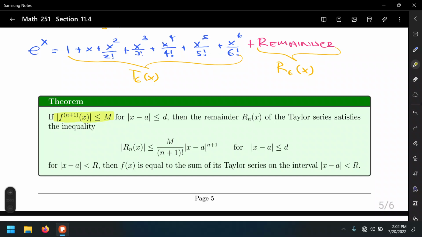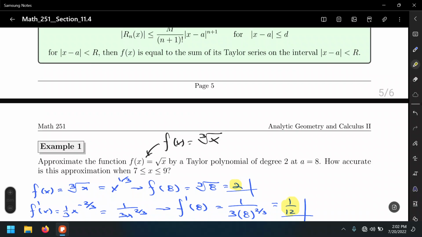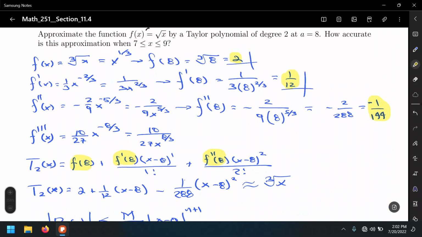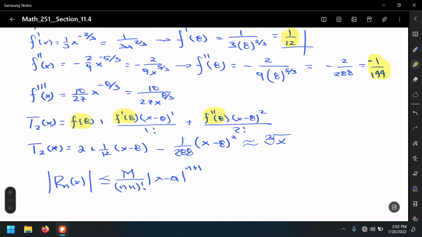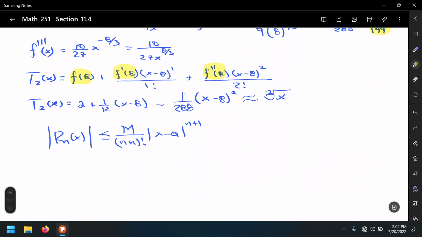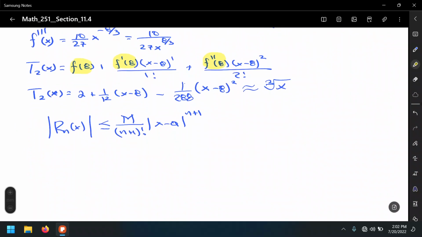For example, for this exercise we used the second degree polynomial, so that's why I took the third derivative, because that's the one we're going to use to evaluate and find that maximum bound. Here is the thing: this notation might be a little bit funky because we have a lot of symbols, a lot of letters, absolute value.